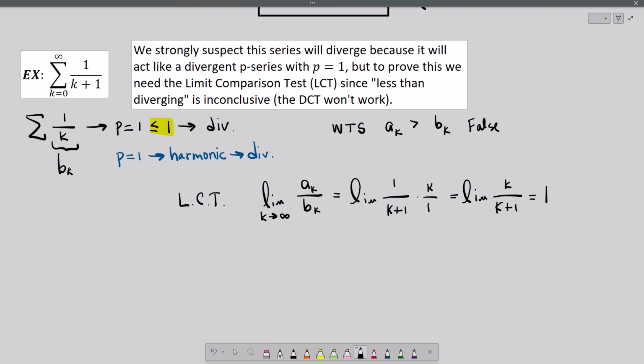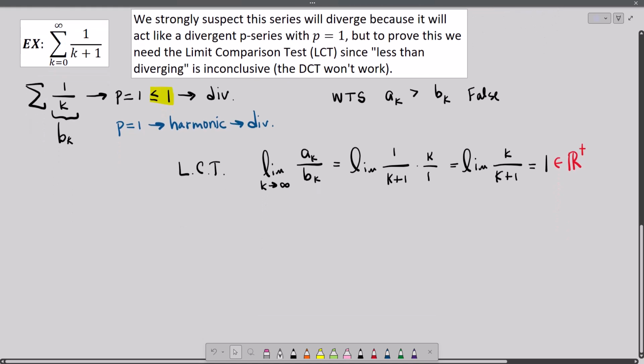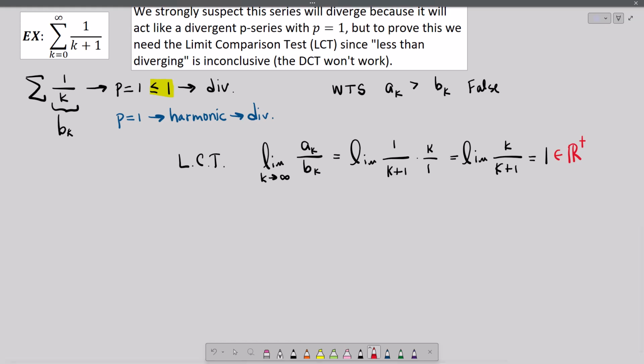Now we have to make a conclusion for the limit comparison test. We get a 1. The limit comparison test says that if you get a number that is a positive real, just like we did up here, both series do the same thing. So this tells us that the A sub k series diverges.